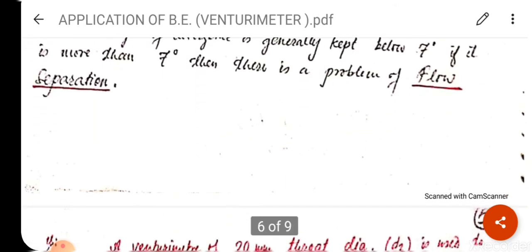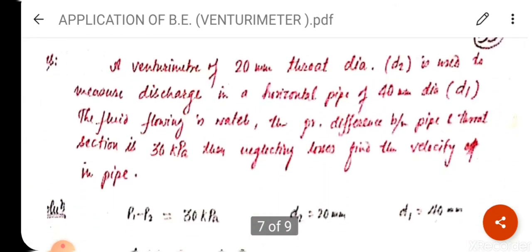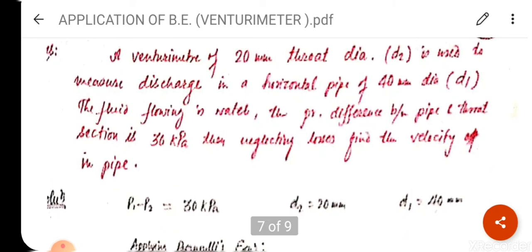Now we will solve one question related to this concept. Read the question. A venturimeter of 20 mm throat diameter, that is D2, is used to measure discharge in a horizontal pipe of 40 mm diameter, that is D1.